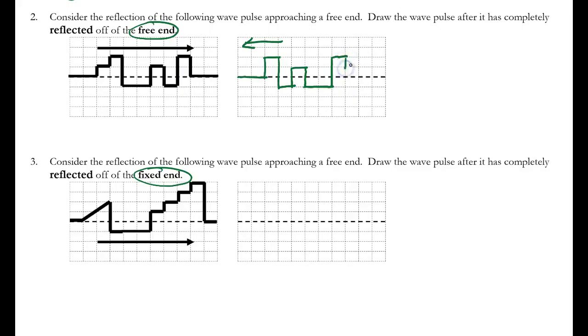Okay. And just step back a little bit. Make sure that it makes sense to you. Okay, so this is a wave. It was going to the right. Now it has been reflected and is going to the left.